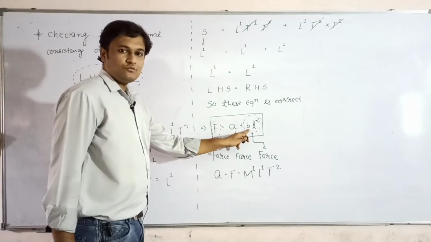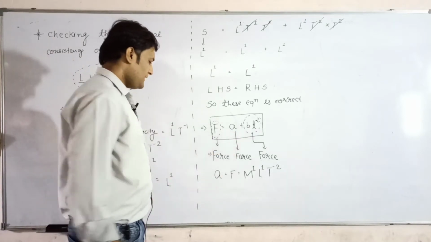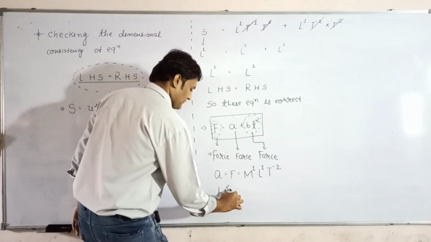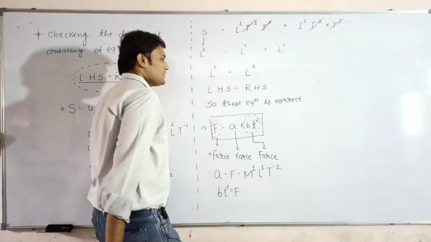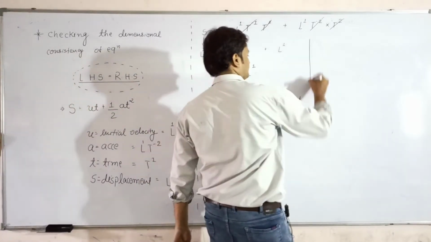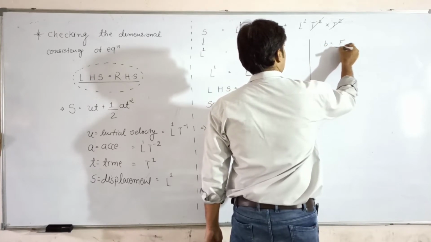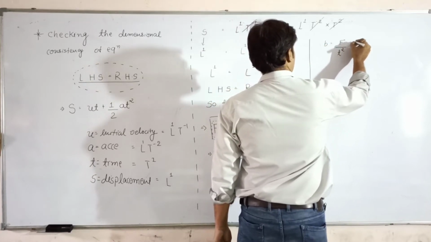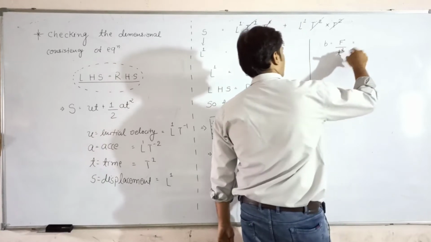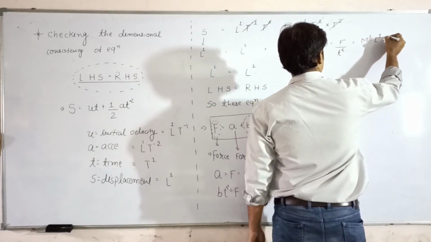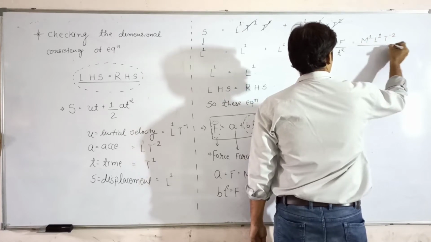Now I want to find out the dimensional formula of B, that is B T square is equal to F. So here B is equal to F upon T square. Put the dimensional formulas of F and T: it is M1 L1 T minus 2, and that is T2.